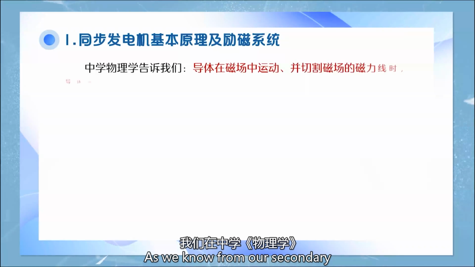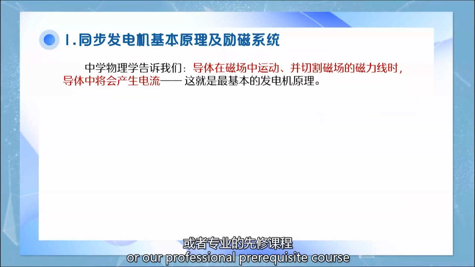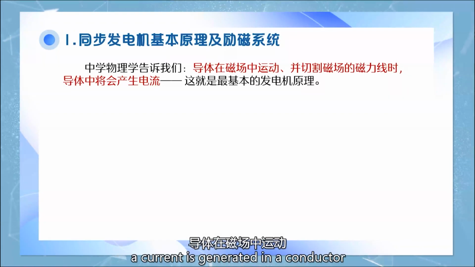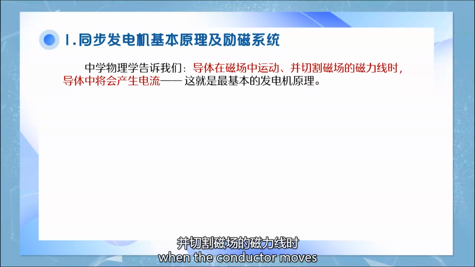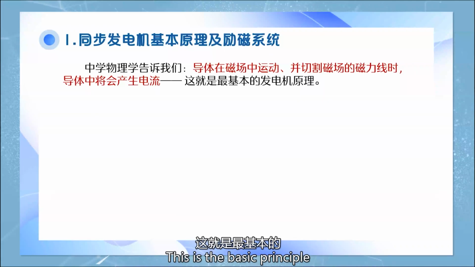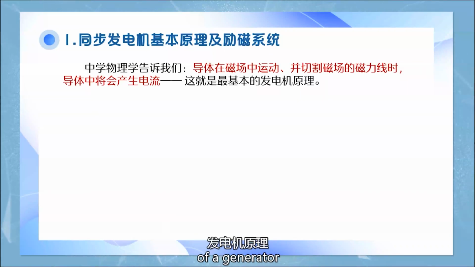As we know from our secondary school physics or our professional prerequisite course, electrical machines, a current is generated in a conductor when the conductor moves through a magnetic field and cuts through the magnetic lines of force of the field. This is the basic principle of a generator.